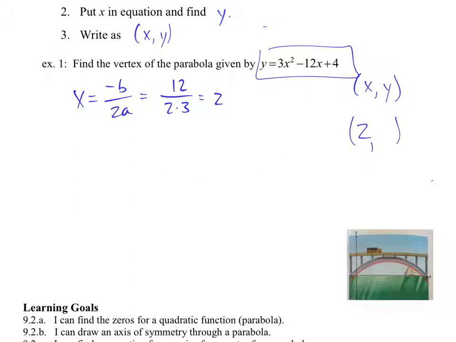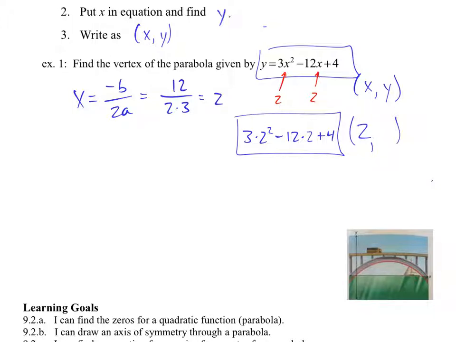Now I could just take my original equation and put a 2 in there for x. So I get 3 times 2 squared minus 12 times 2 plus 4. Sometimes it's honestly easiest just to pop it in your calculator.